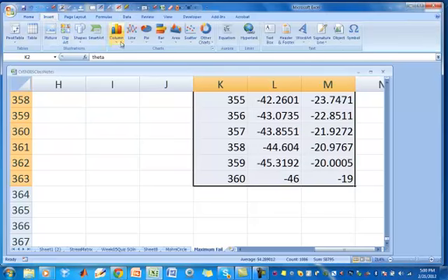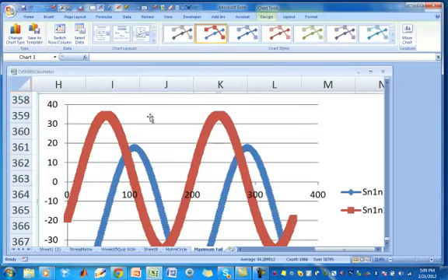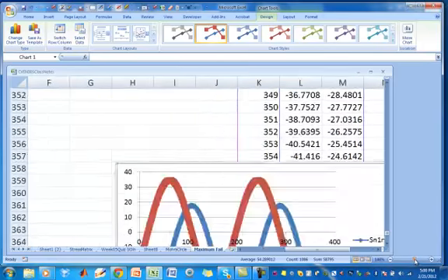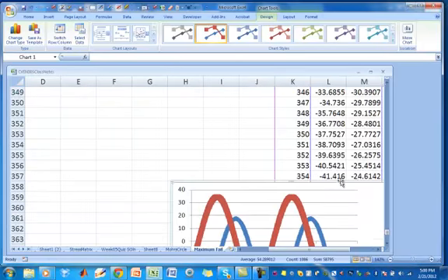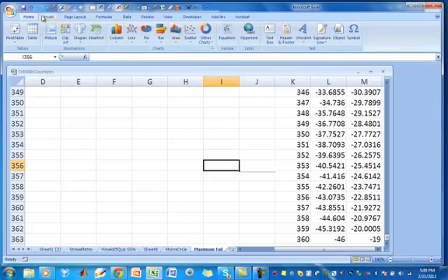So I'm going to take insert, scatter plot. Because it looks kind of ugly, I'm going to zoom out and delete, and redo this. Insert, scatter plot.